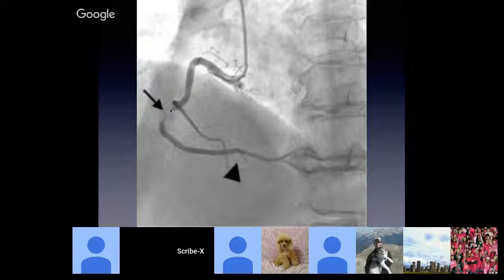But it's at least 99% occluded. So this is a person who came to the ER having a lot of chest pain and had ST segment depression in particular leads. And so the cardiologist knew to go right after that particular artery. And what will happen is she will deploy a stent into this area, open this area up, and result in the patient living a long, happy life.